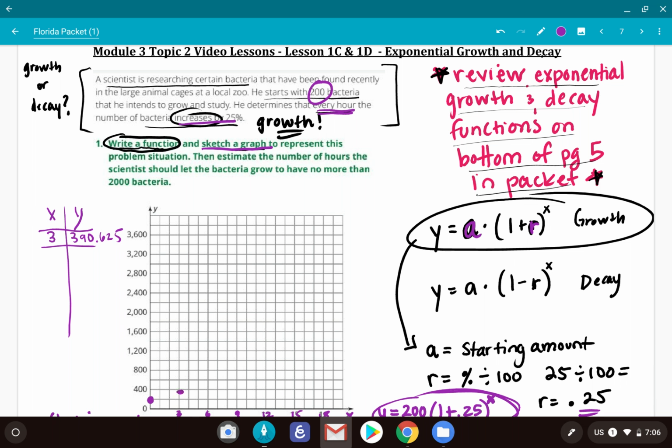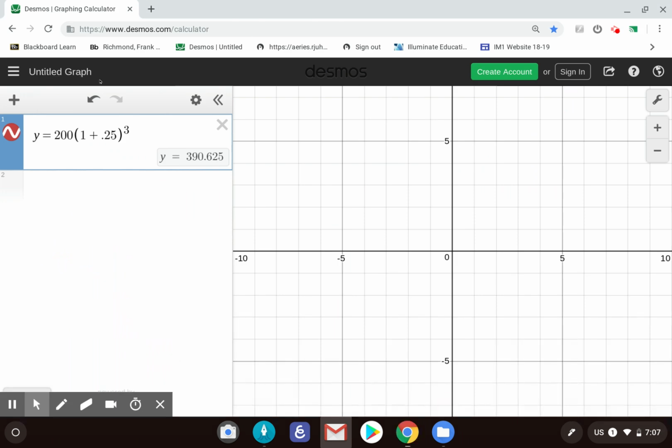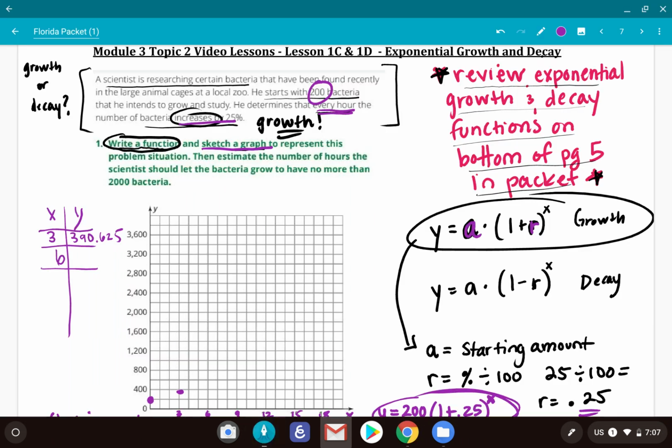If I substitute 6, so after 6 hours, I've got 762.9. I'm going to go ahead and round that up to 763. So for 6, we're going to go up to 763, and we're estimating a little bit where that point is.